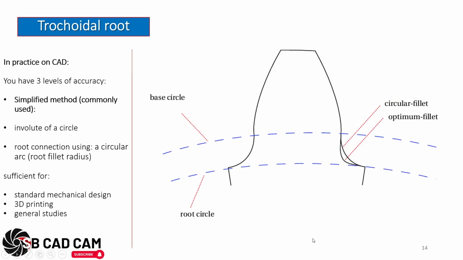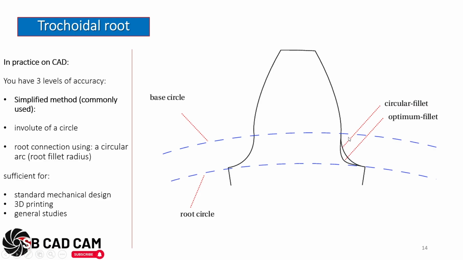In practice in CAD, you have 3 levels of accuracy. You can use a simplified method, doing just a portion of a circle like this, or a root connection using a circular arc, the root fillet radius.